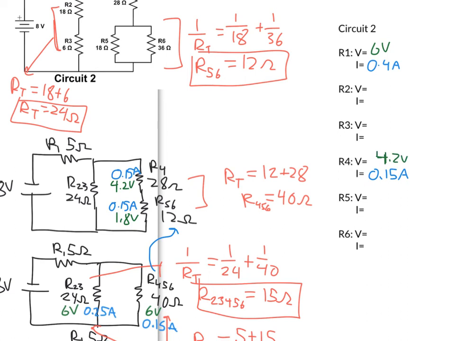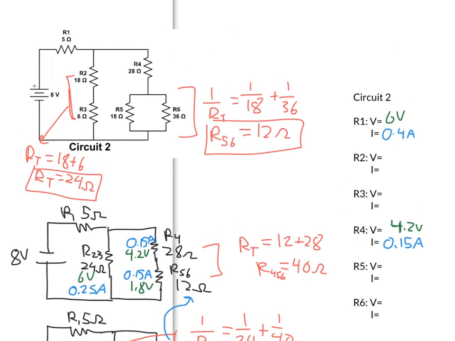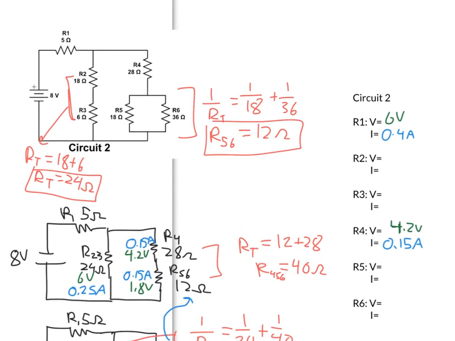And then we can go ahead and step this back one more. I am just going to fill in here, nothing changed, but for R23 it's still 6 volts and 0.25 amps. So now I'm going to step this back to my original circuit here. And I'm first going to take that R23, and I see that came from connecting 2 and 3 in series. And so because they were in series, each one of them will get that 0.25 amps of current.